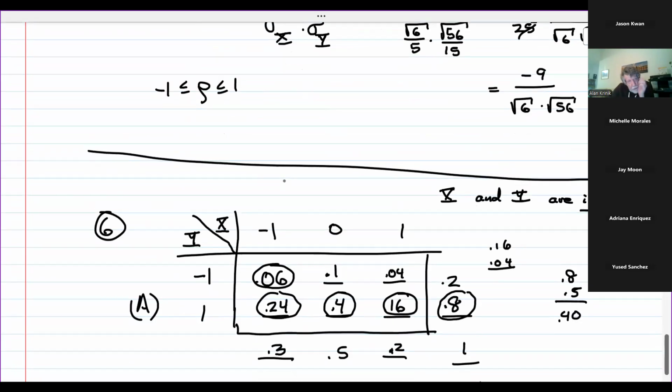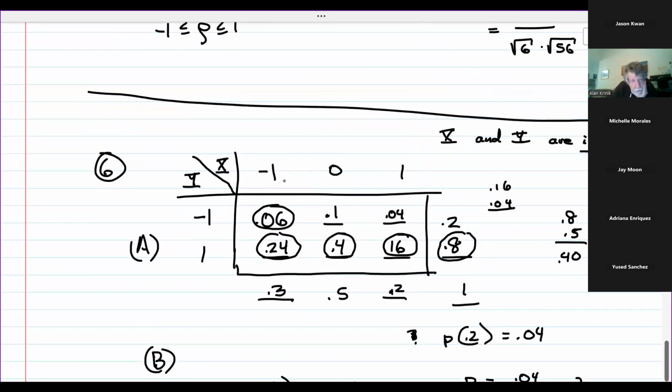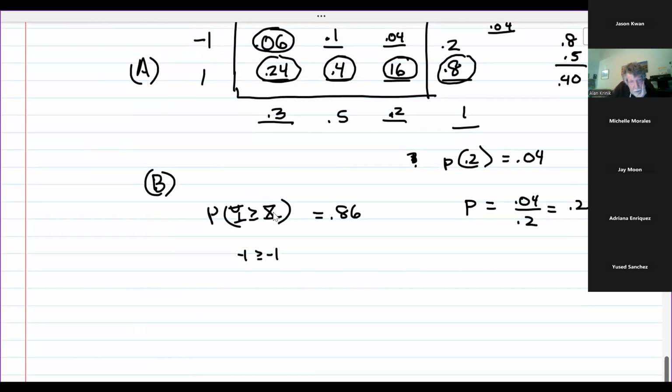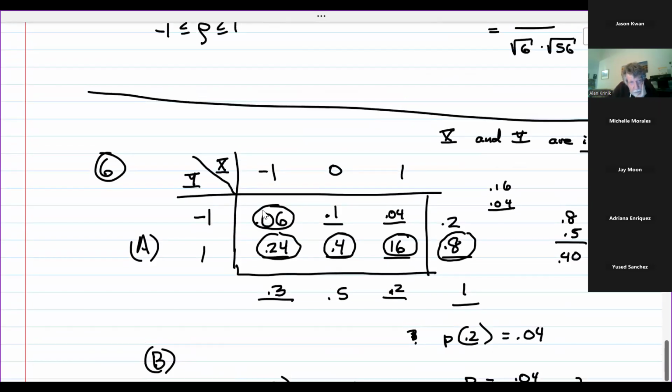Okay, go over that again because it went by quickly. I'm just comparing the X and Y values, seeing if this property holds or not. Is -1 greater than or equal to -1? Yes, so include this probability. Is -1 greater than or equal to 0? No. So don't include it.